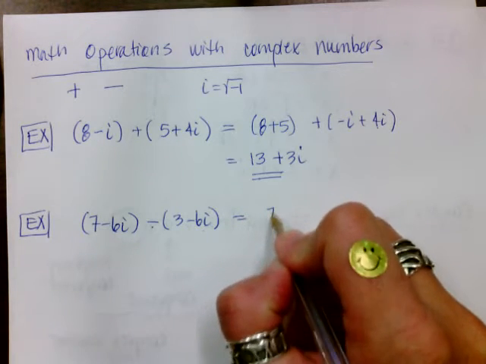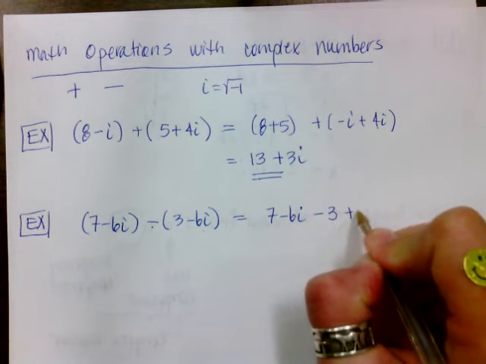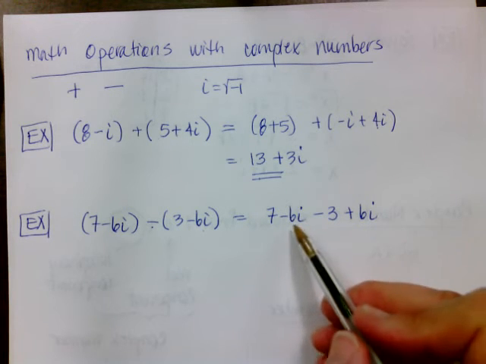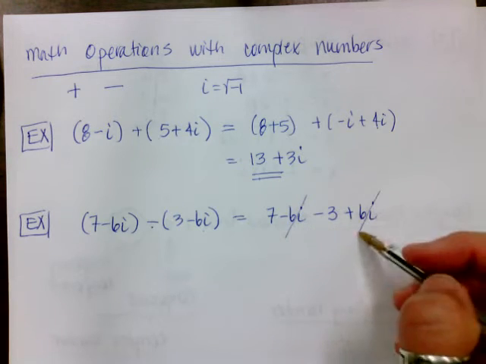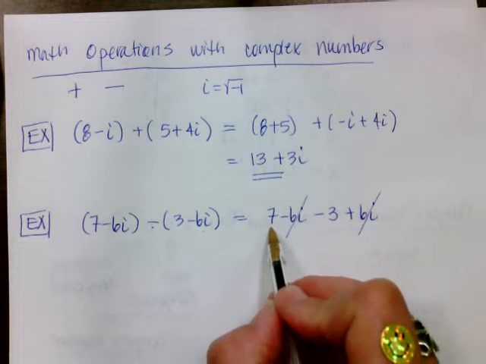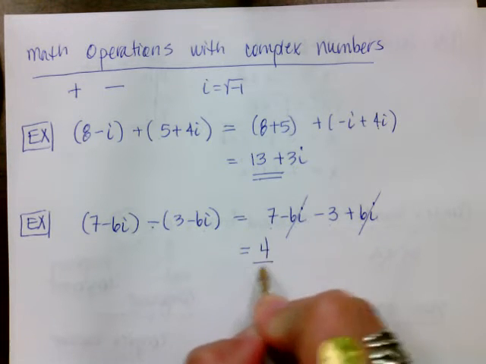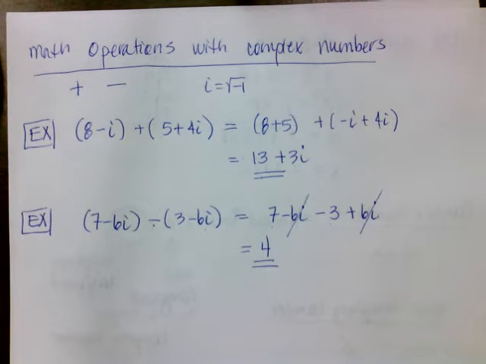So this would become 7 minus 6i minus 3 plus 6i. Notice that I have a -6i and a positive 6i, so those terms actually cancel. And then if I simplify, I have a 7 and a -3, and then I'm going to get 4. So I actually lose the complex component for this particular number.